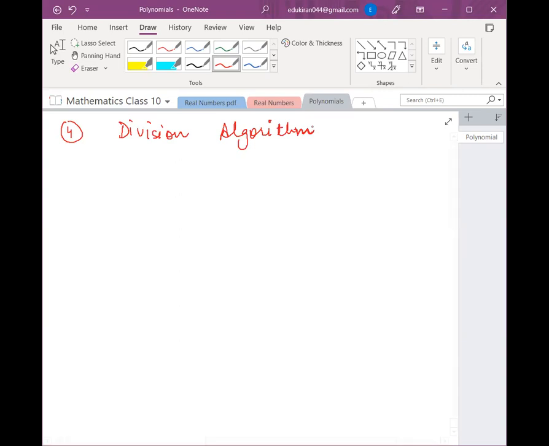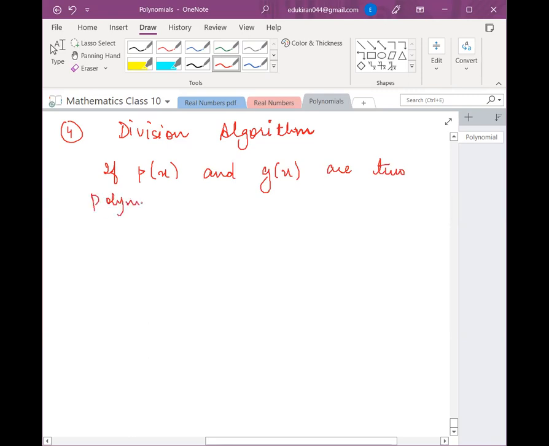So the division algorithm says that, let me write the statement of it: according to the division algorithm, if p(x) and g(x), it's understood that p(x) is a polynomial, are two polynomials, and g(x) is not equal to 0. It's understood that the divisor cannot be 0, right?